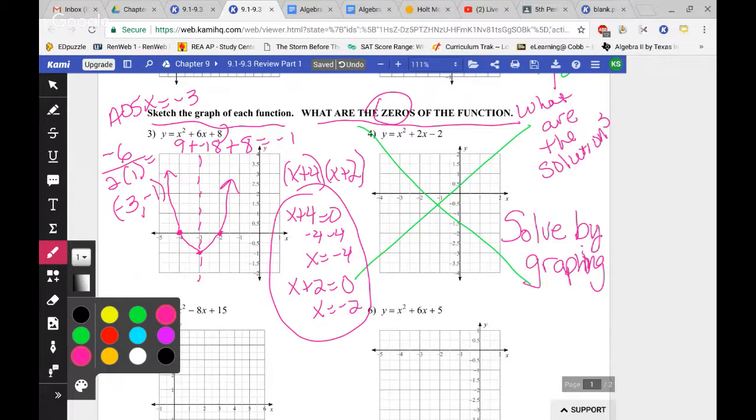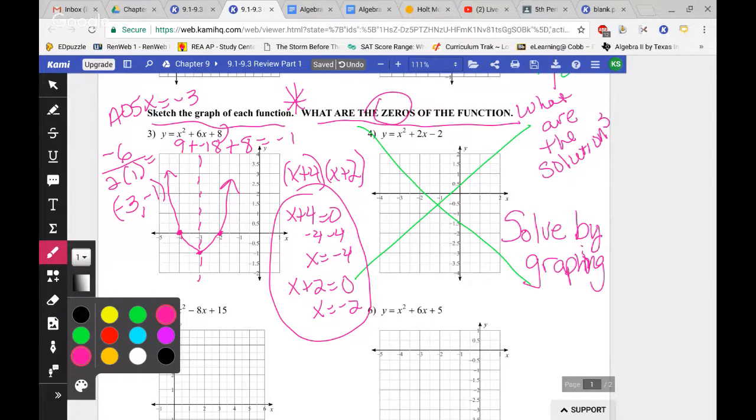Okay? So that's what the instruction is going to be like. That's what it's going to say right here. Solve by graphing, and I'm looking for the x-intercepts. So you'll have to sketch the graph and then give me the x-intercepts.